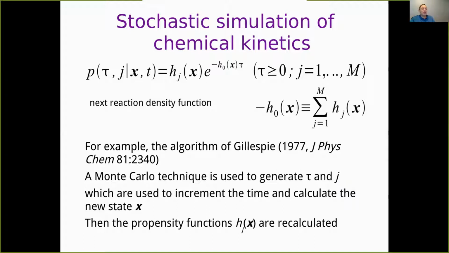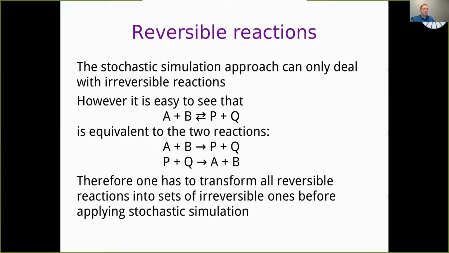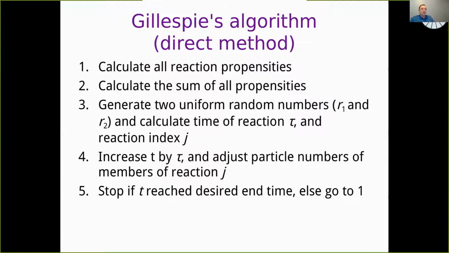So essentially what that algorithm does is that it samples the times of reaction, and then it samples which of the reactions happens. And that's all based on the propensities that I mentioned before, which, if you remember, are very well related with the rate constants. So I'm going to skip this and just basically say that Gillespie derived this algorithm that calculates all the reaction propensities.